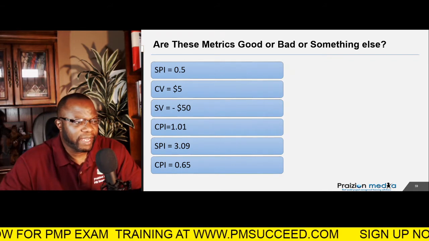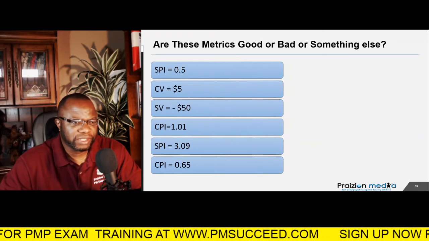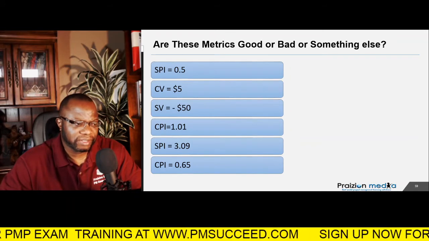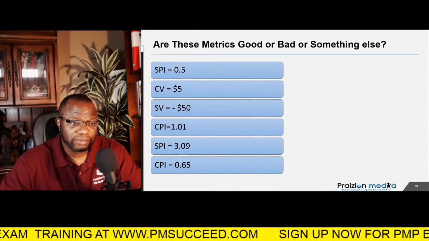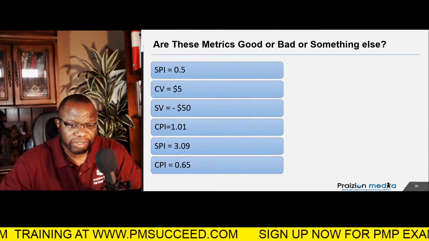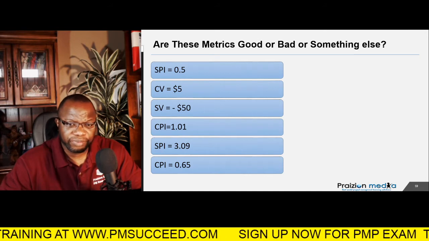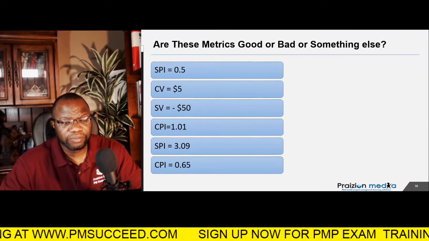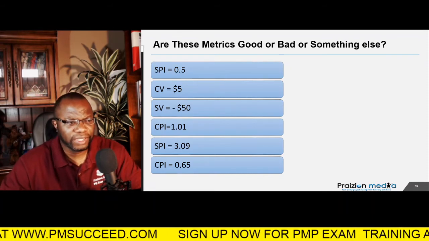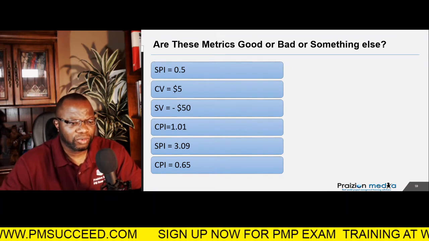On your exam, you may not be given an explicit question with a lot of text, but you very well could be given a question that tests you on SPI and the meaning of it by giving you numbers and asking you, what do these numbers mean? Okay, you want to play along?